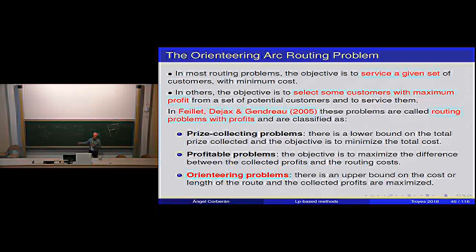On the other hand, in profitable problems, you want to maximize the difference between the collected profits and the routing costs. This is something more logical in the sense that you are putting both things in the objective function.